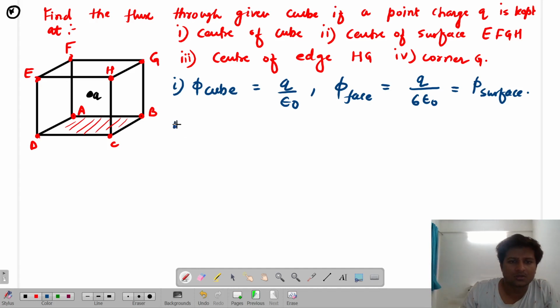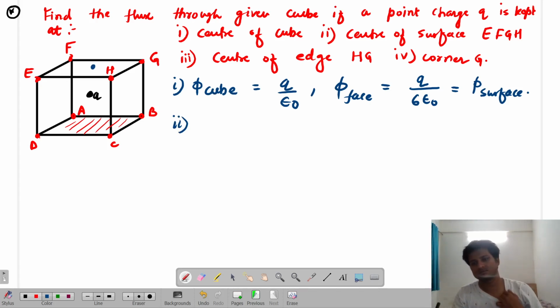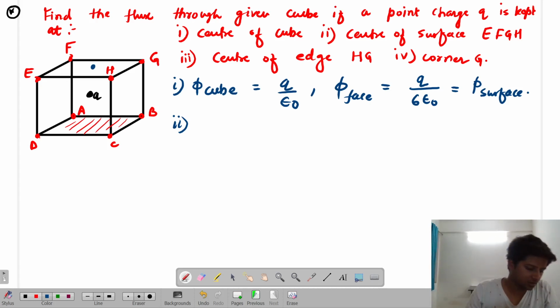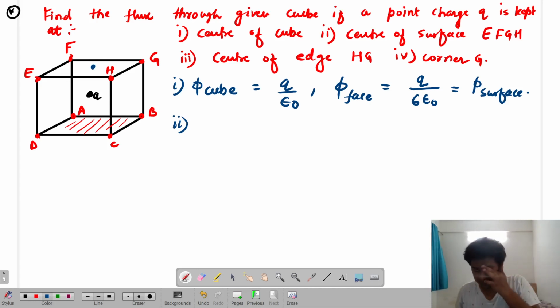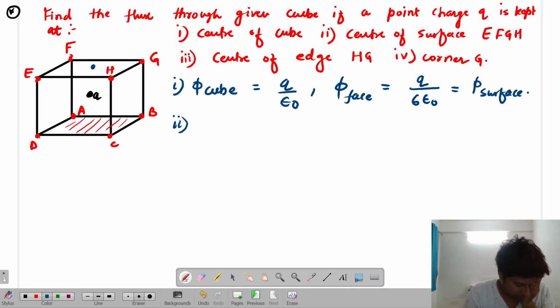Do the second case. Center of surface EFGH. Now think. Try to think. How will it be q by 6?